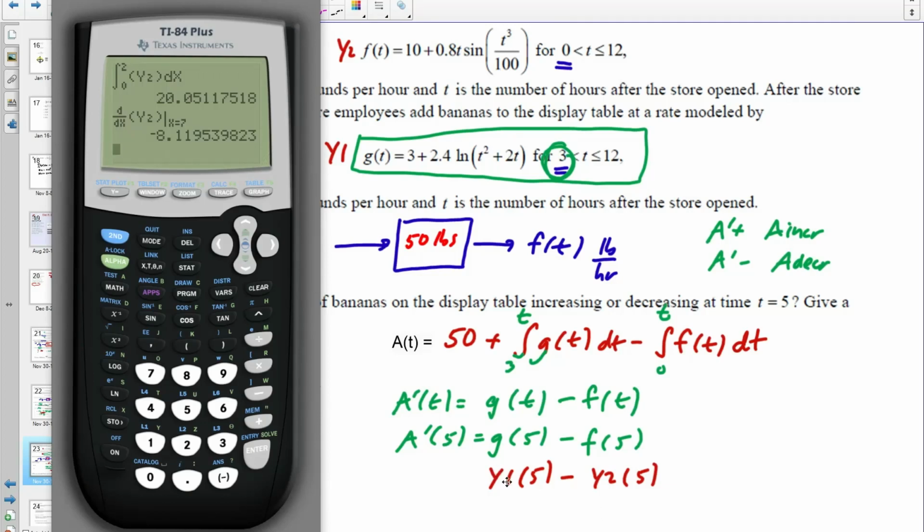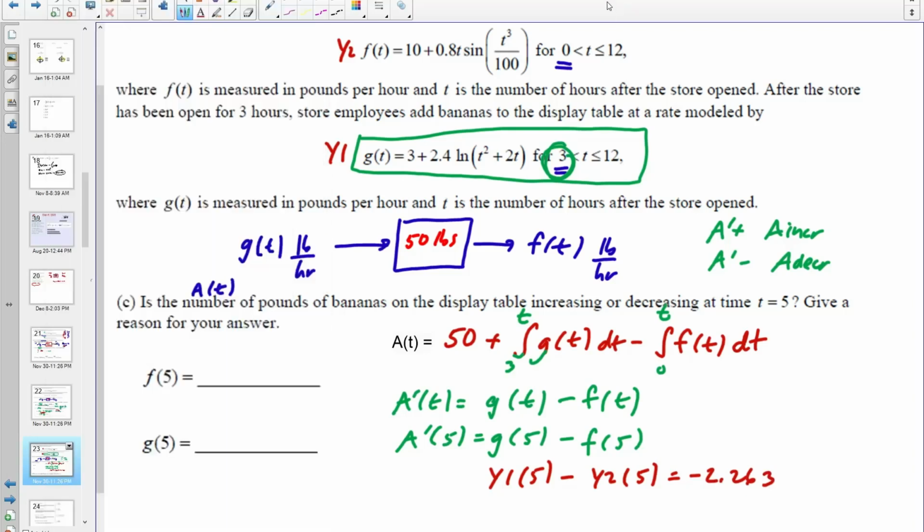So I'm going to put Y1, that's alpha trace, choose Y1, open your parentheses, put in 5, close the parentheses, minus Y2, so that's alpha trace, but I'm going to choose Y2 now, open my parentheses, put in 5, close your parentheses, press enter, and what I get is negative 2.263.